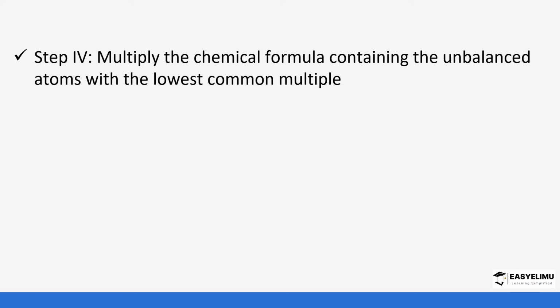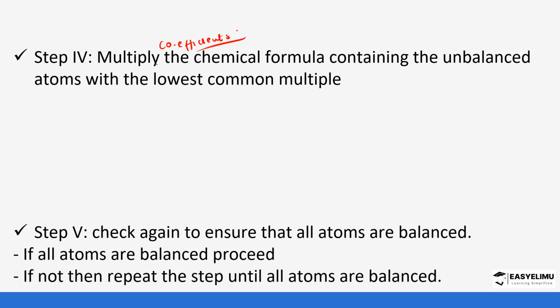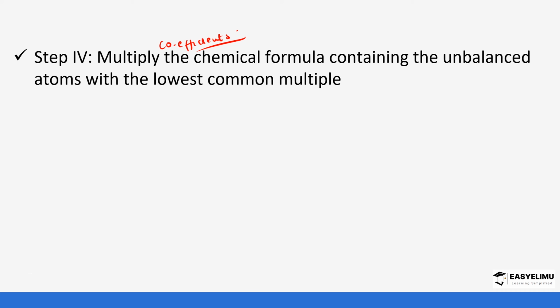Then after that, we balance. And when we are balanced, we use coefficients. What are the coefficients? These are the numbers we put in front of the compounds. So for example, let's look at our example. We said it's copper plus oxygen gas to form copper oxide.